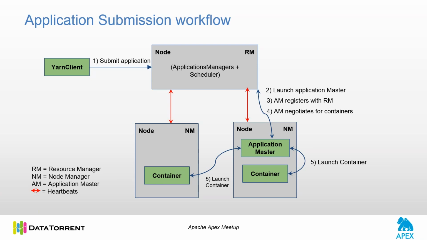So if the resource manager detects that one of the node managers is not sending heartbeat for some configured time, I think by default it's 10 minutes, it assumes it as dead and reschedules all the containers which were running on that machine on some other machines.